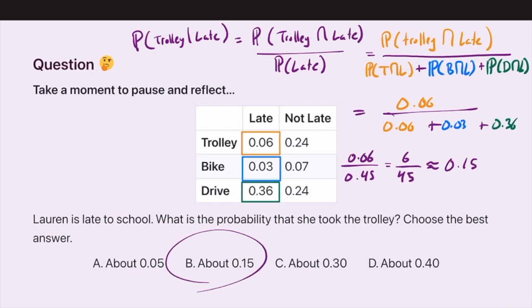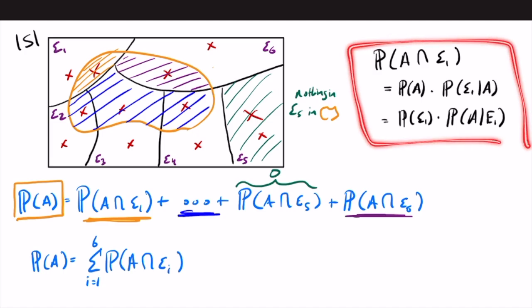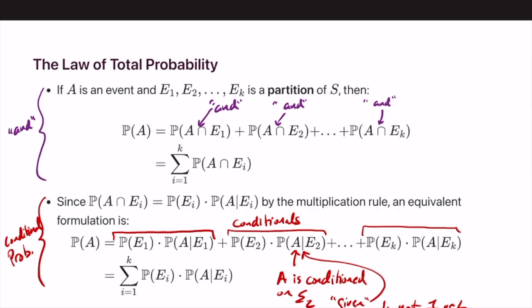So let's go ahead and talk about Bayes' rule now, and particularly we'll revisit this concept here, which is how we're able to get these two conditional forms of the AND form of this probability. And this is through something called the multiplication rule, which we'll see in a slide coming up. It's really just allowing us to reframe these probability events as conditional probability events.